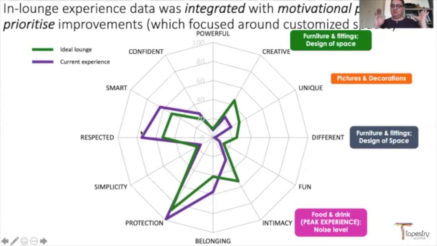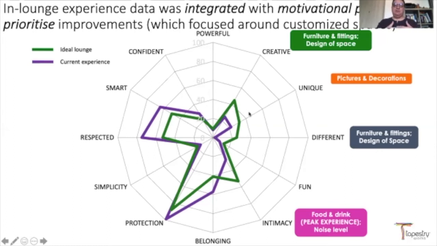That's because the design was generally a little bit rigid, and you'll have seen this in a few airline lounges if you've flown: rows of chairs which look exactly the same and so on. Where they were lacking was in self-expression and, here, intimacy.